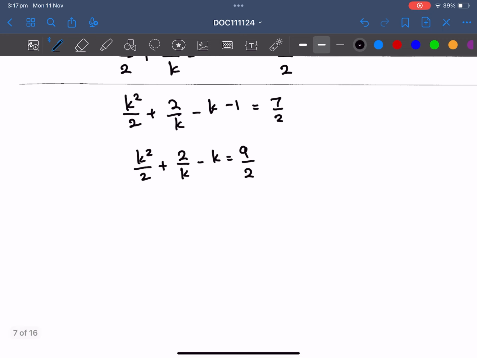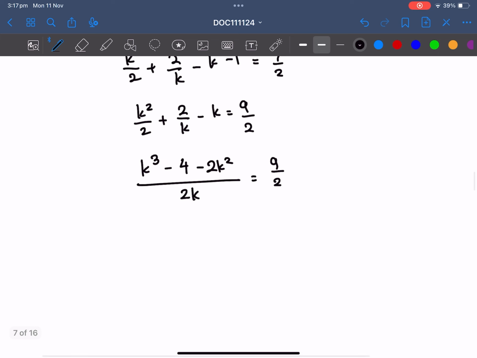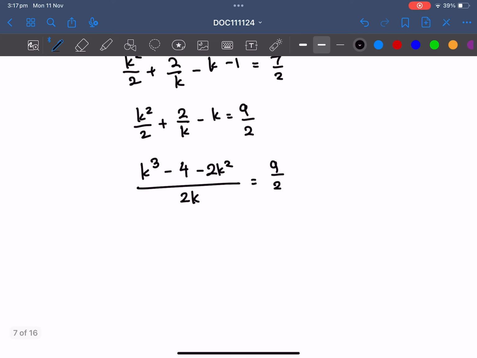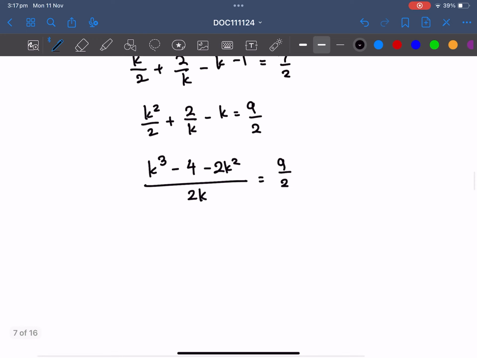Okay, so now we make the denominator the same. So k cubed minus 4 minus 2k squared over 2k equals 9 on 2. Yep, okay, I'm just checking if I've done it correctly. Yep, okay.